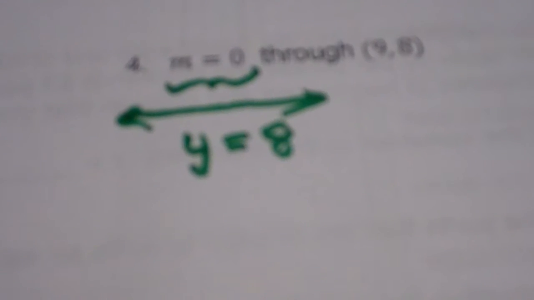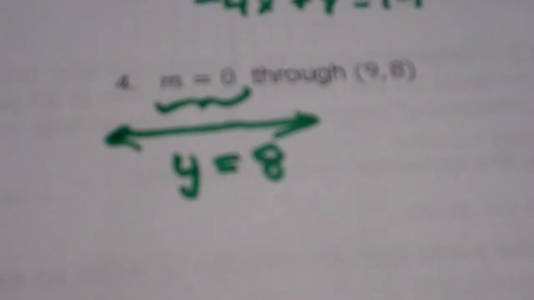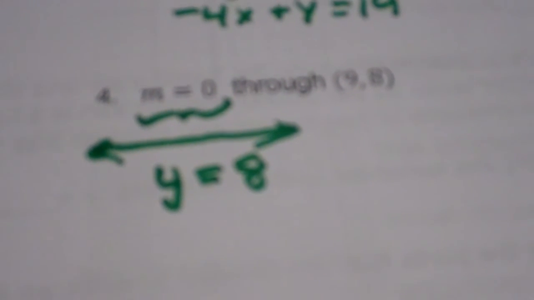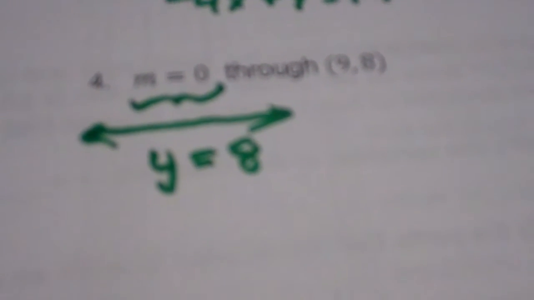Otherwise, you can go through all the steps. Eventually, you'll get to that. Now technically, this would not be in standard form. Oh, actually, I take that back. We could still call that standard form, even though we don't have an x term there, because the coefficient of the x term was 0.